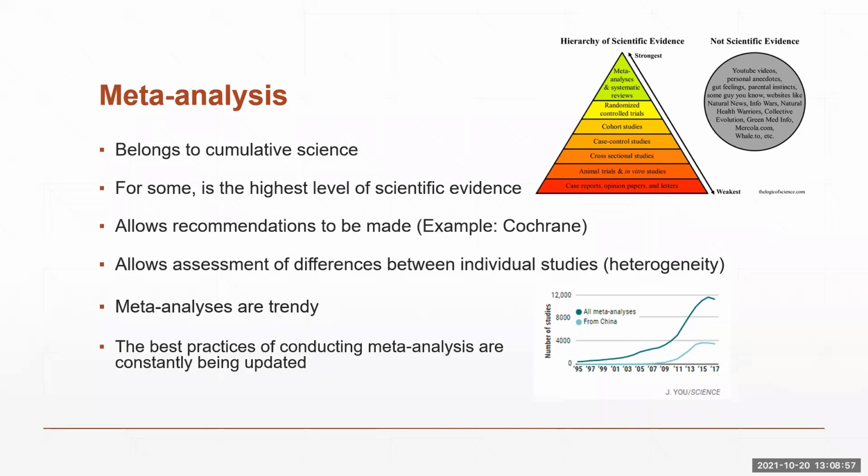One last thing is that the best practices of conducting meta-analysis are constantly being updated, which means that every 3 or 6 months, we have a new tool to assess publication biases, or to make new models of meta-analysis. And you have a conference.